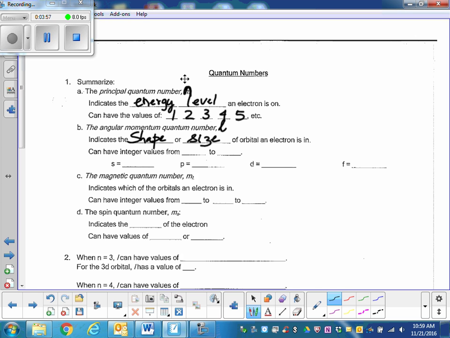Is it spherical? Is it a dumbbell? Is it a flower shape? Does that make sense? The value of L depends on the quantum number n. It can have values from 0 to n minus 1. L can have values from 0 to n minus 1.